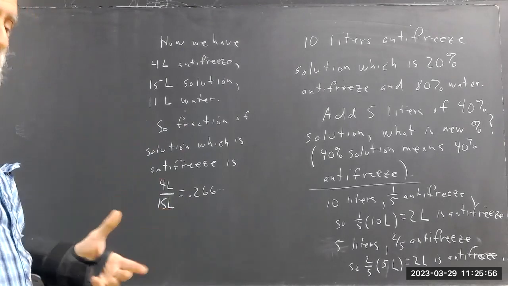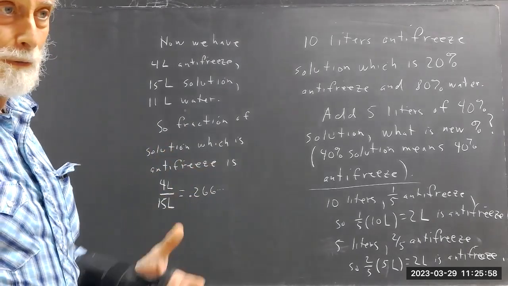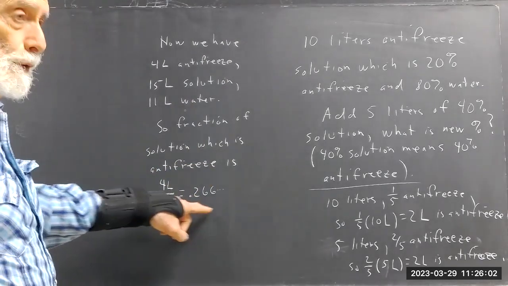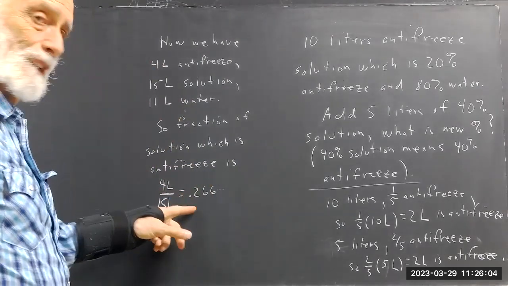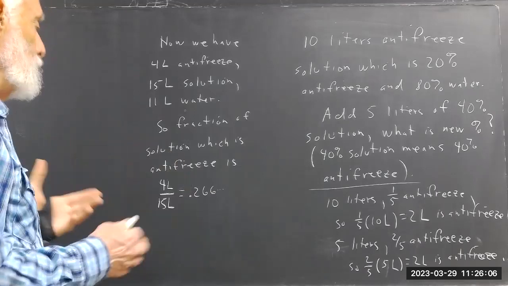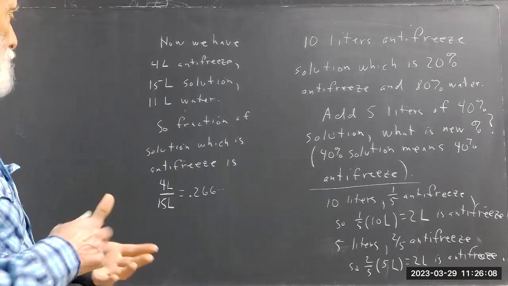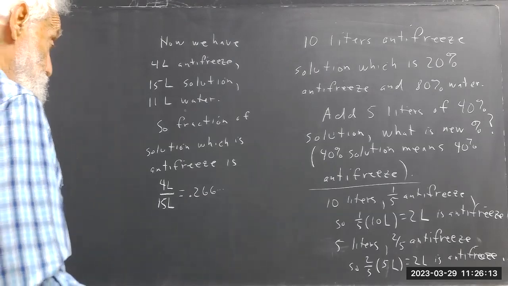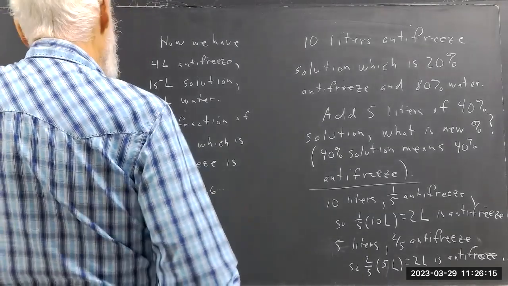You know, 2 15s is 30 with 10 left over. 10 over 15 is 2/3. So it would be 2 2/3. It comes up 0.26 and 2/3, whatever way you think about it. If you have to punch it into the calculator, that's okay. But there we have it.